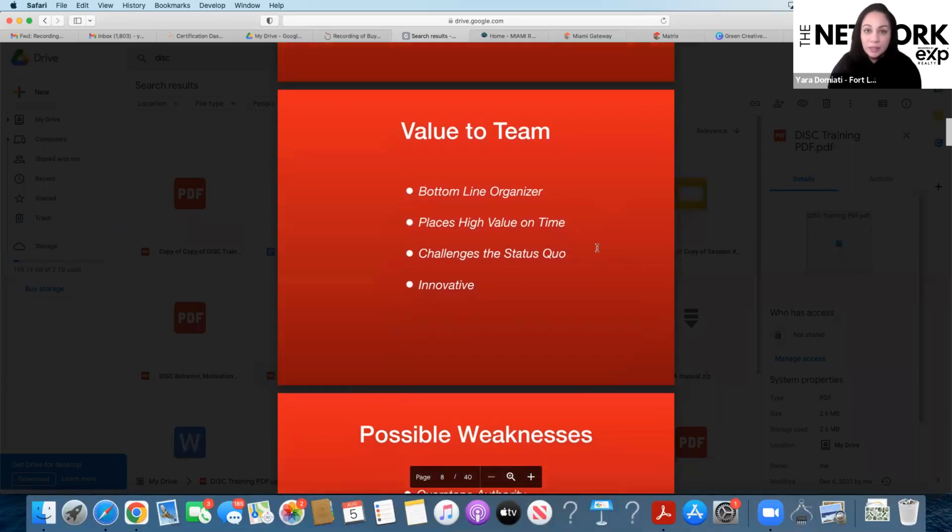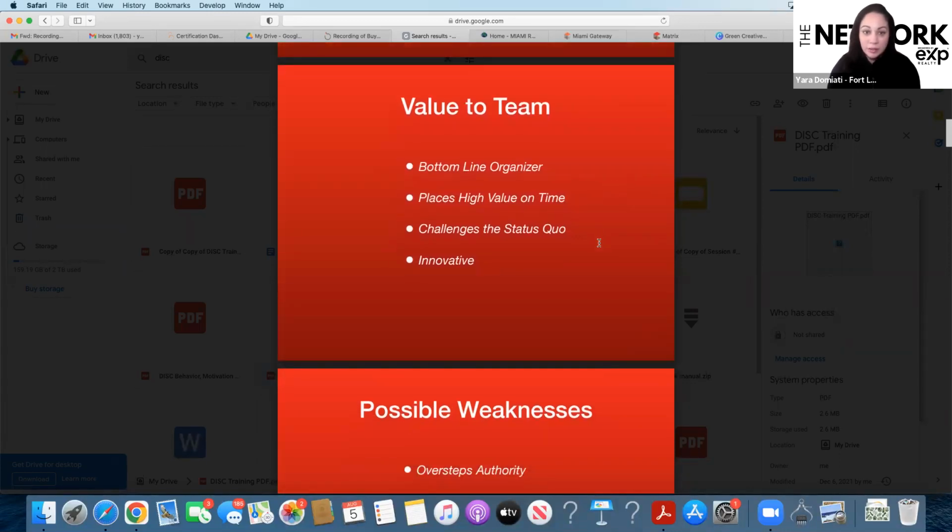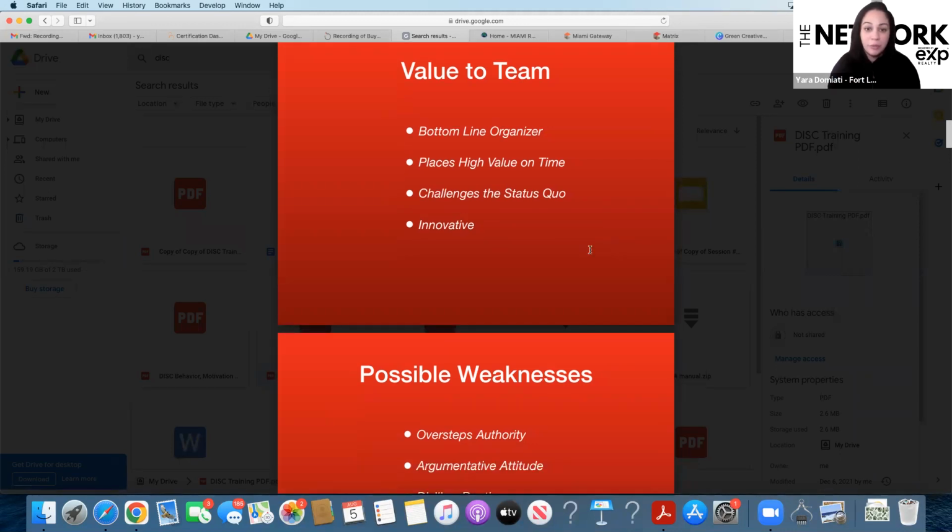What value do they bring to the team? They're bottom line organizers. They place high value on time. So they don't want to waste time. They know that their time is allotted into certain compartments and they just want to get those things done. That way they can finish and they get the results done. They challenge the status quo and they're innovative.